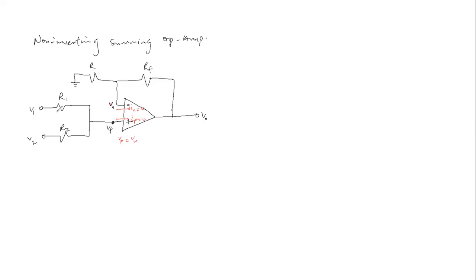Now, the current flowing through R1 is I sub 1. Current flowing through R2 is I sub 2. Then I flows out of this node. That's I. Now, since I sub n is 0, no current flows through this terminal, and I sub p is 0, no current flows through this terminal. Hence, the entire current will flow all the way. That's I, right?